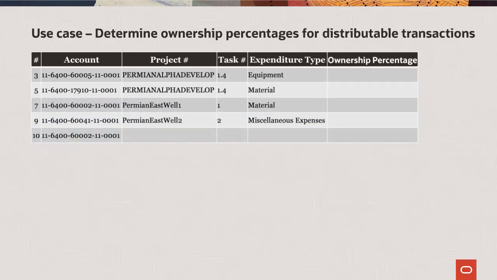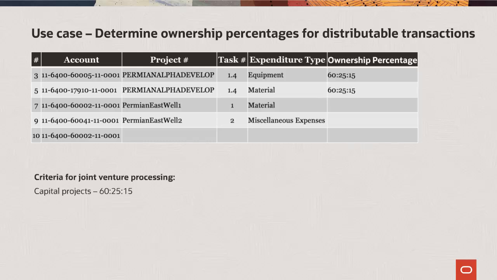Now that we have determined which transactions are distributable, let's see what ownership percentages to apply to each of these transactions. Specific types of costs associated with capital projects are billable to the stakeholders on the joint venture with ownership percentages 60, 25, and 15 for HEPP Petroleum, Best Rig, and Beijing Super Petroleum.